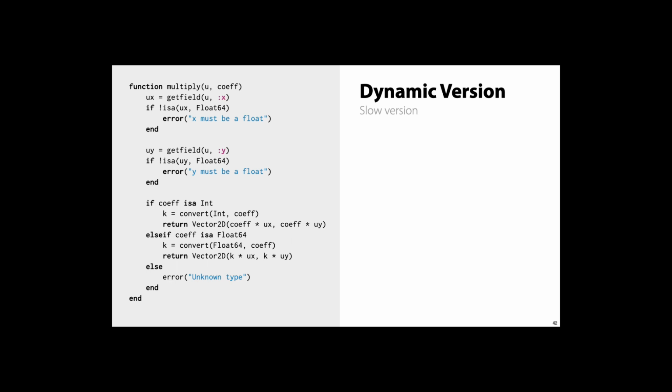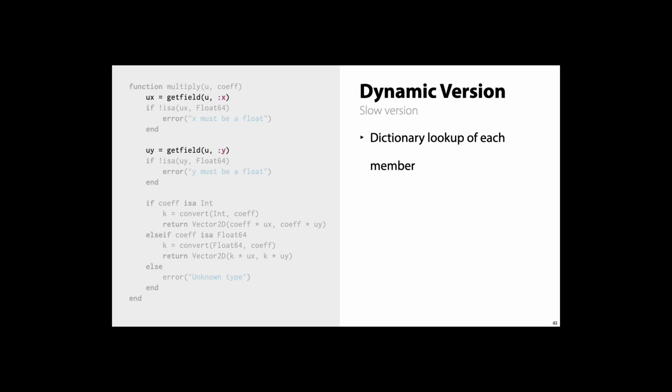So why is this slow? So the first thing is you've got to look up every field, the X and the Y, right? The dictionary lookup. That's not fast to do something simple like that. Every time you've got to do a dictionary lookup. Next thing is we've got to actually check whether each value actually is a Float64. We're assuming that it might not be that.